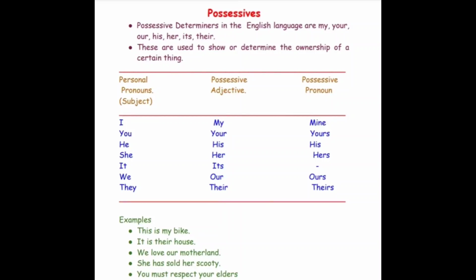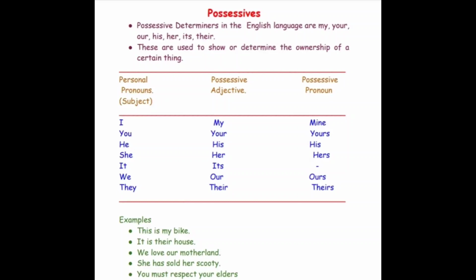Friends, in case of it, there is only a possessive adjective. There is no possessive pronoun for it. In case of the personal pronoun we, our is the possessive adjective while ours is the possessive pronoun. In case of they, their is the possessive adjective while the possessive pronoun is theirs.